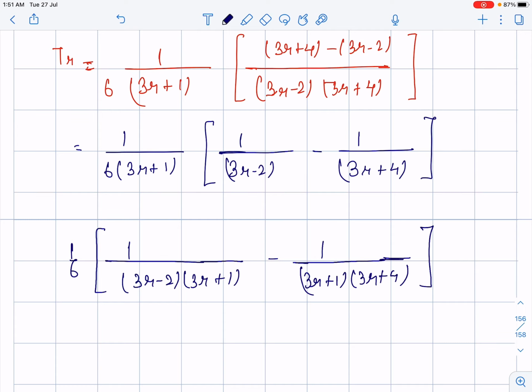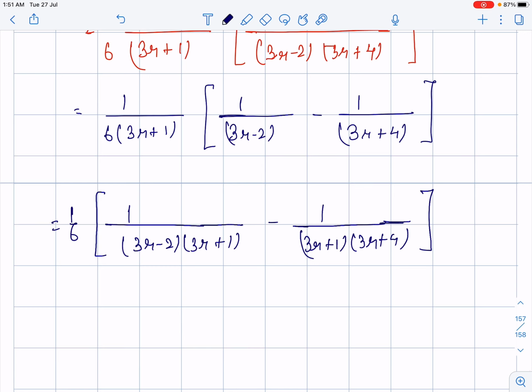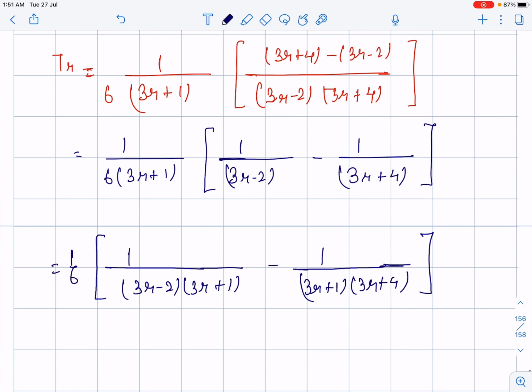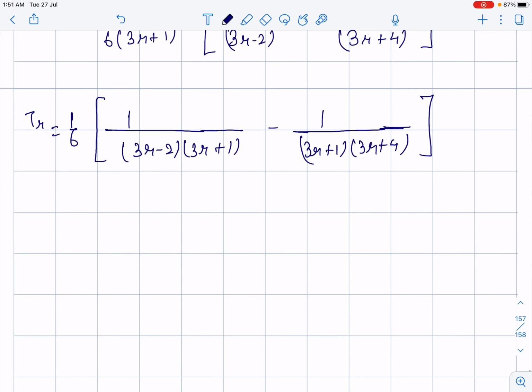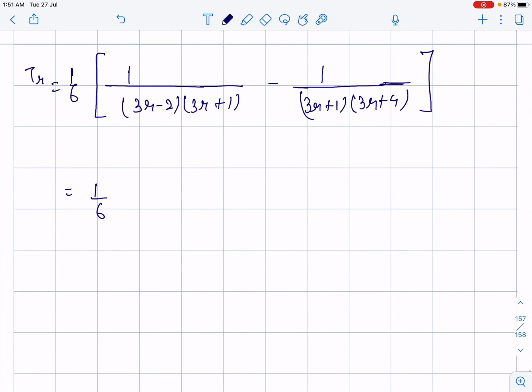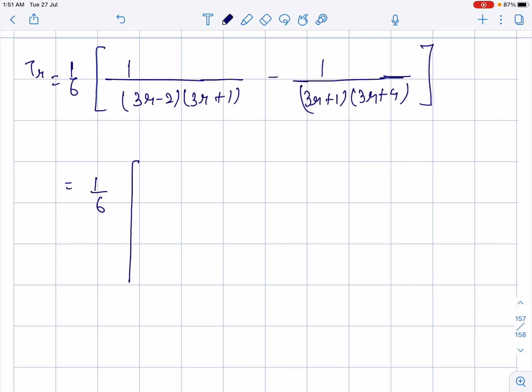Now I'll keep the value of r from 1 to infinity. Actually I don't want 1 to infinity first, I want 1 to n first of all. So when I keep 1 to n, 1 by 6 times the first term will be 1 divided by 1 multiplied by 4, minus 1 divided by 4 multiplied by 7.